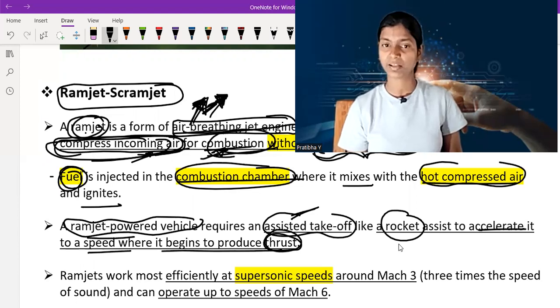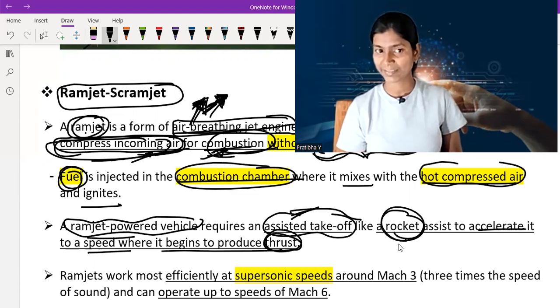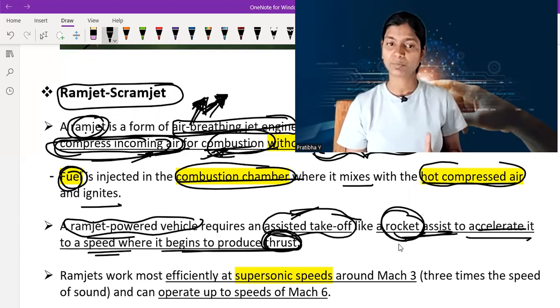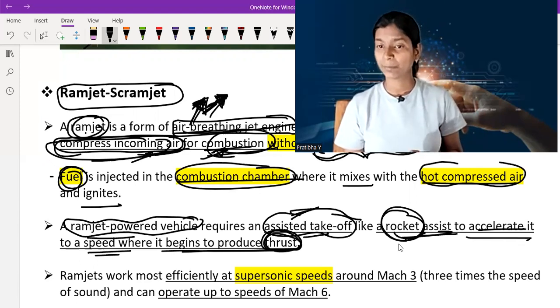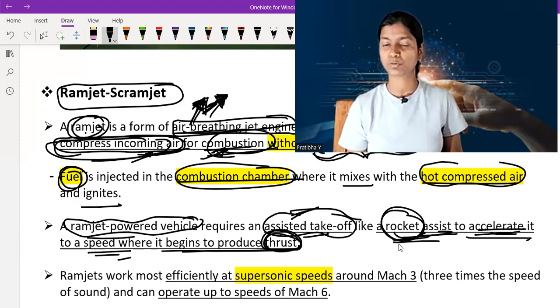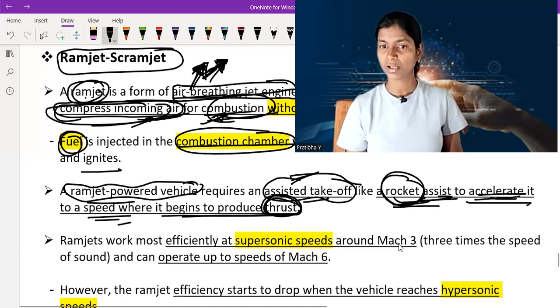Initially, the rocket helps accelerate the vehicle to a speed where it begins to produce thrust. That means it uses compressed air with fuel and ignites.